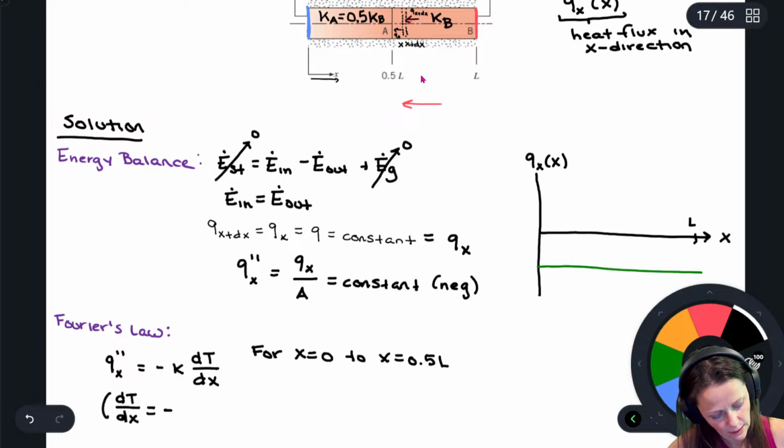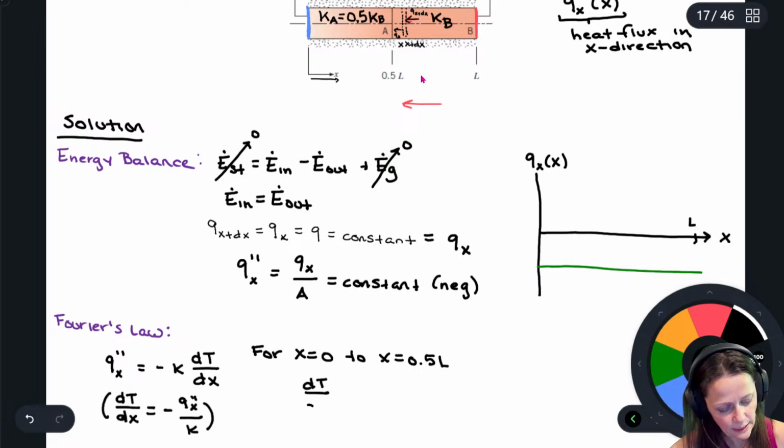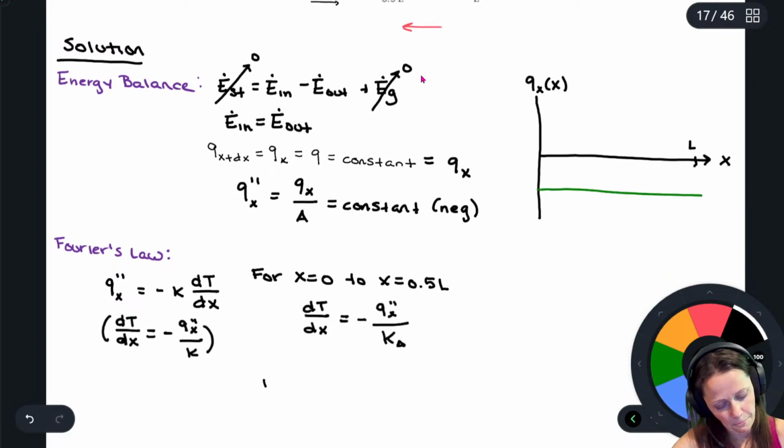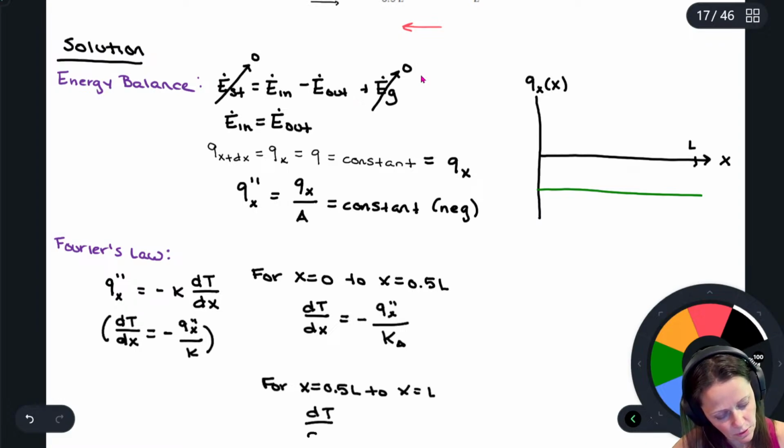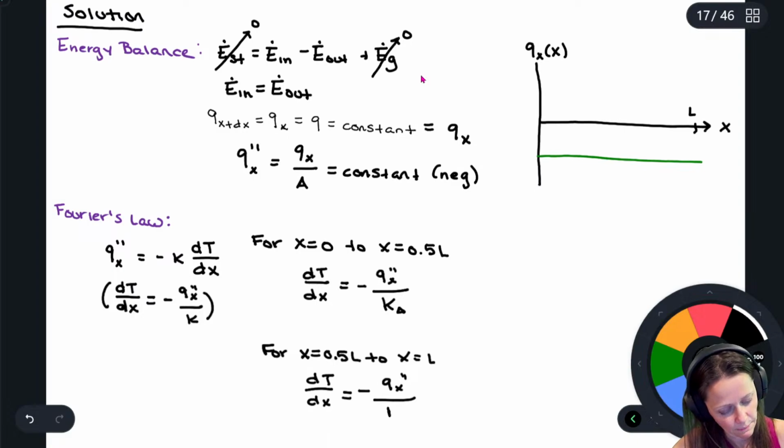That's going to be negative heat flux divided by K. So dT dx is equal to negative q double prime, which is constant, over Ka. And for x equals 0.5 L to x equals L, it's very similar: dT dx equals negative q double prime over Kb.